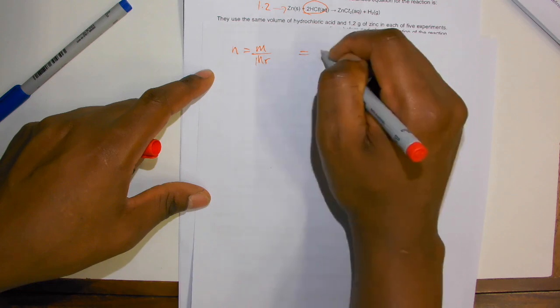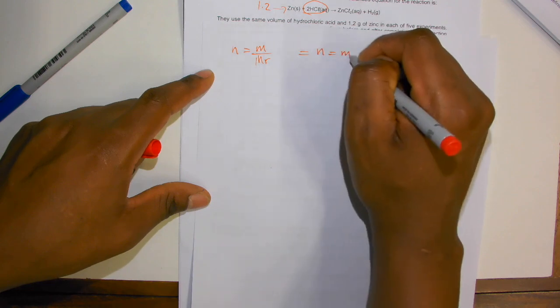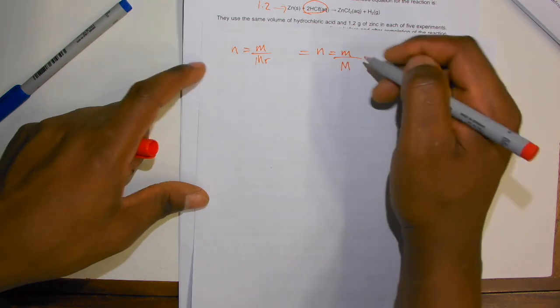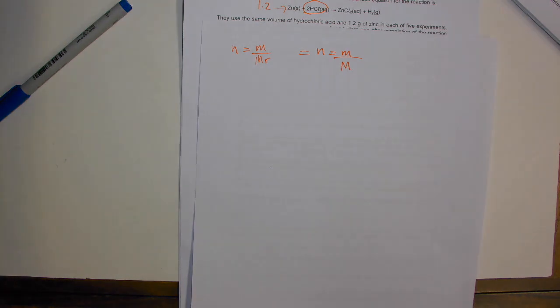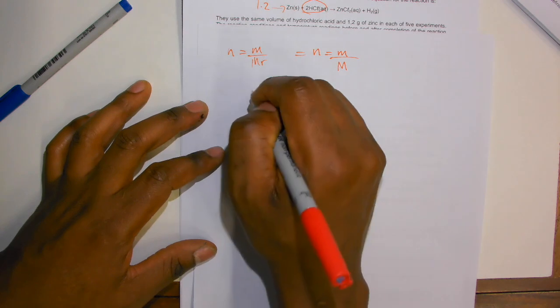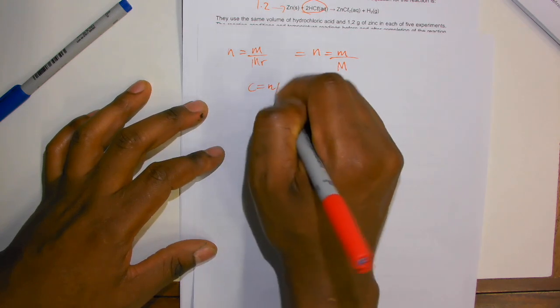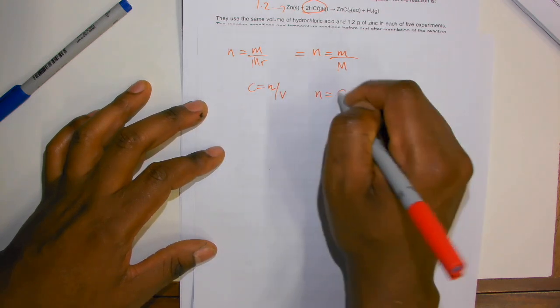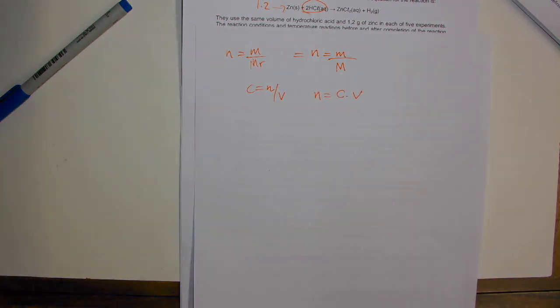Some people say number of moles is equal to small m over big M. I'm not going to penalize you depending on what your teacher told you. Okay? Also, don't forget that concentration is number of moles over volume. Therefore, number of moles is equal to concentration times volume. Don't forget that the volume is in dm cubed or in liters. Yes or no? The concentration is in moles per liter, not moles per cm cubed. Are we together?